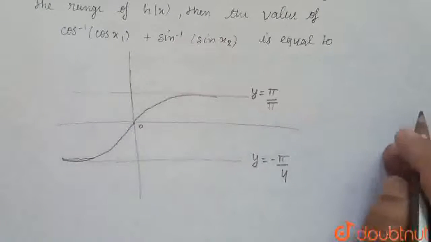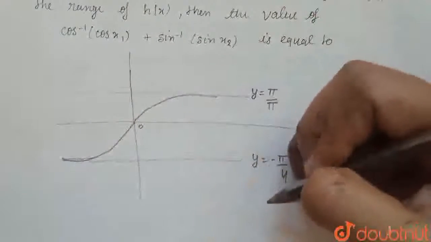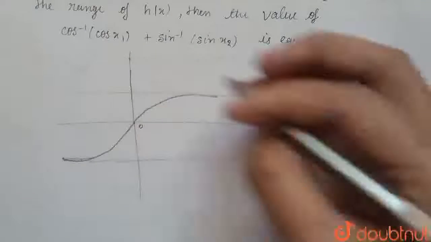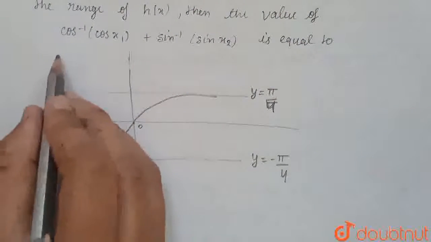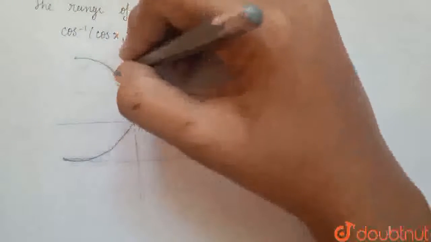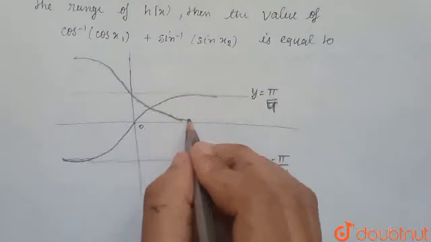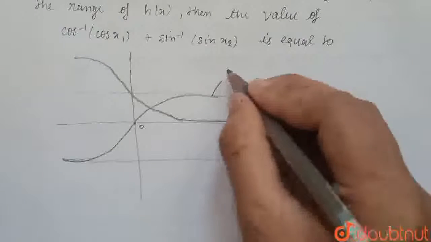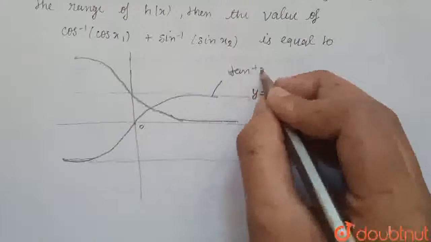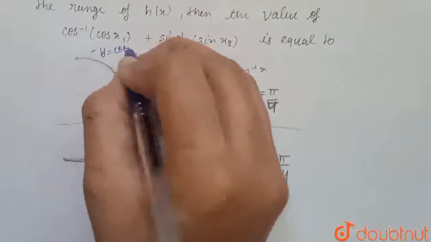Here is our 0. Now the graph of cot inverse x will be like this, and it will intersect the y-axis at pi by 2. So this is the graph of tan inverse x, and this is the graph of y equals cot inverse x.